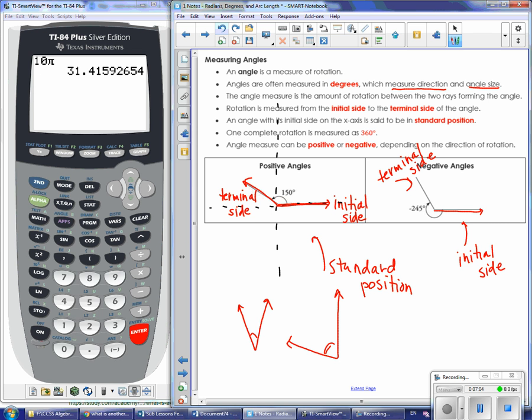But again, an angle can measure as a positive value or a negative value depending on the direction of the rotation. So an angle will measure positive if we go in a counterclockwise rotation.